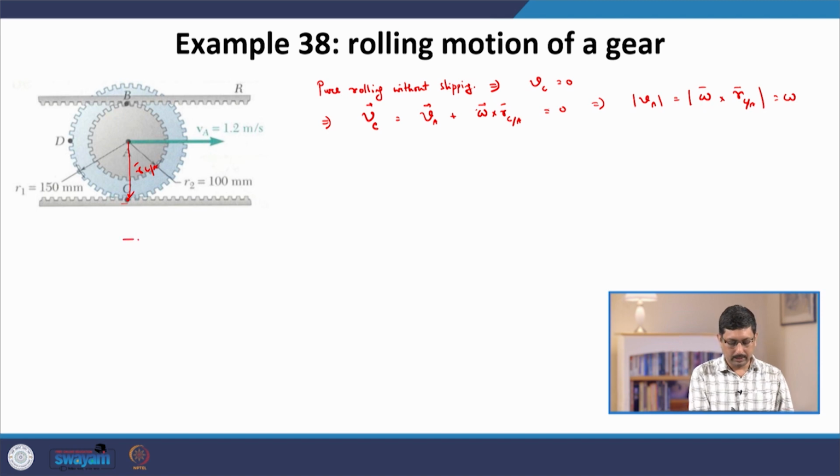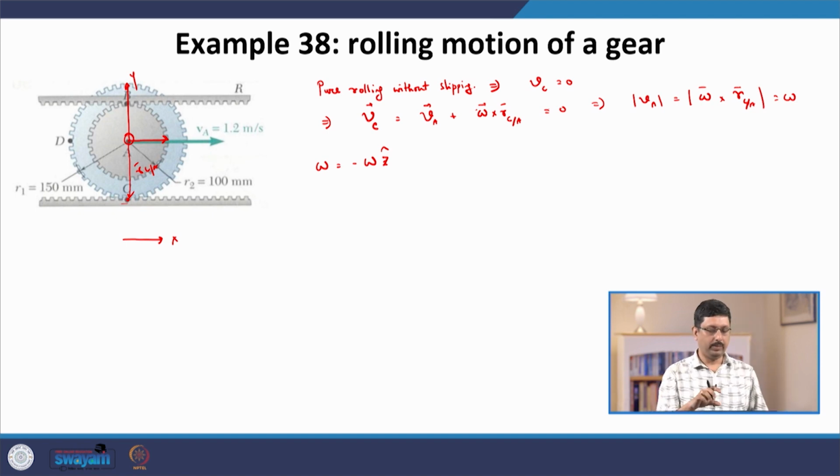Let us say this is our x axis and this is our y axis, then omega must be in the z direction, and since this gear is going to the right side, omega must be into the plane.